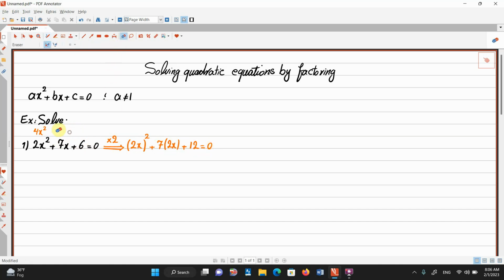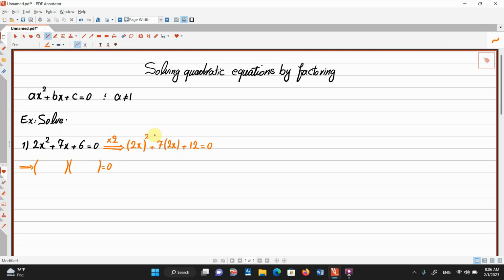By multiplying all terms by 2, I've made the quadratic term a perfect square term, and this will help us to be able to use sum and product. At this step, open two parentheses and put their product equal to 0.